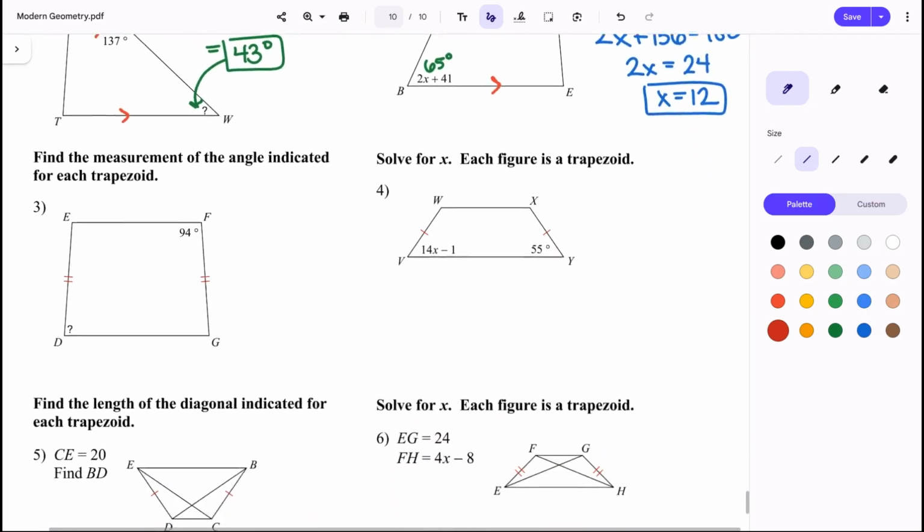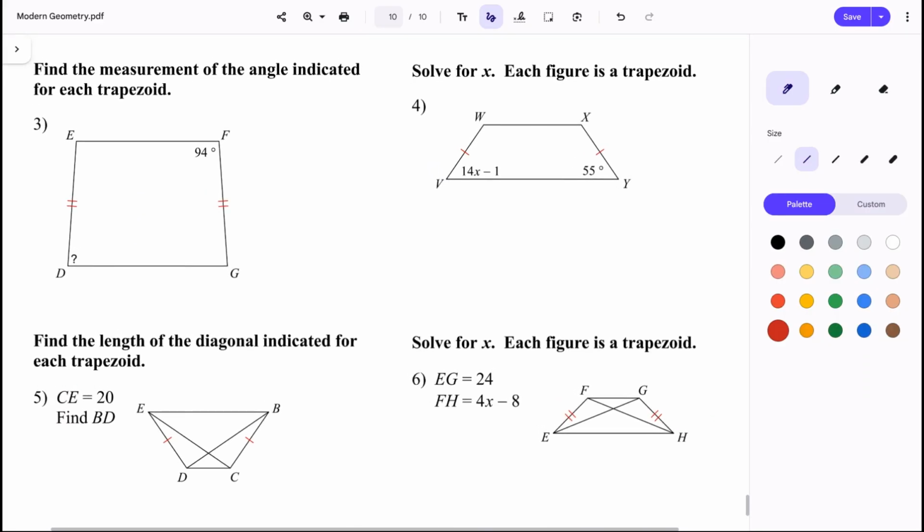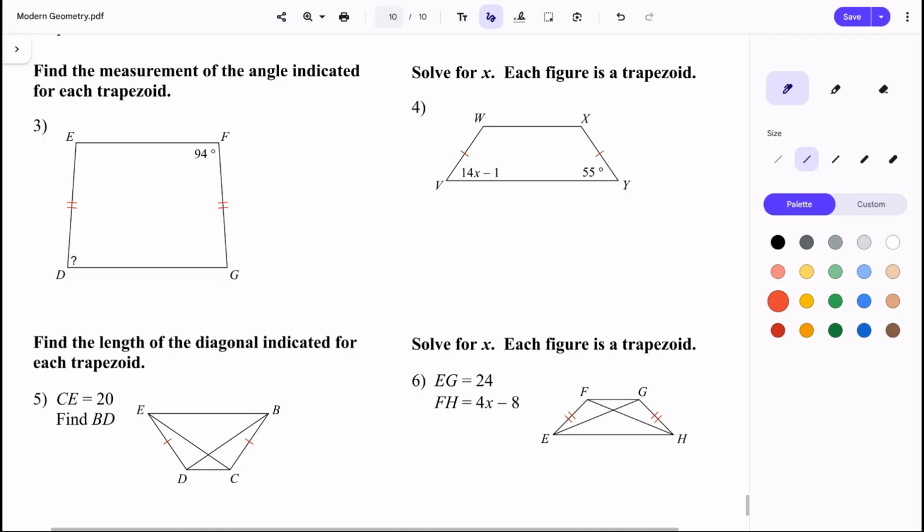All right, now if you go down to these next couple of problems, we're still dealing with trapezoids, but notice how those non-parallel sides here have markings on them. So my parallel sides are still going to be for both of these, the top and the bottom, because those would be my sides that will never cross.